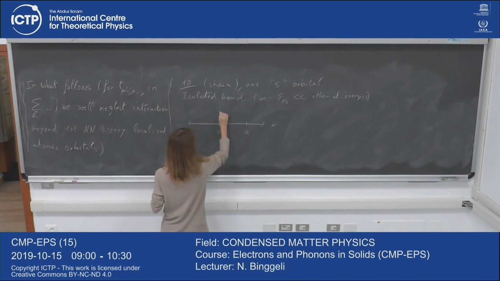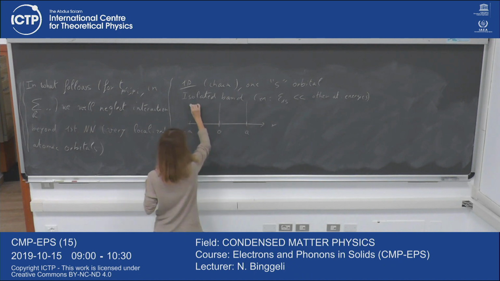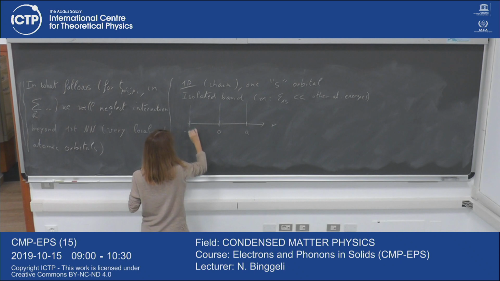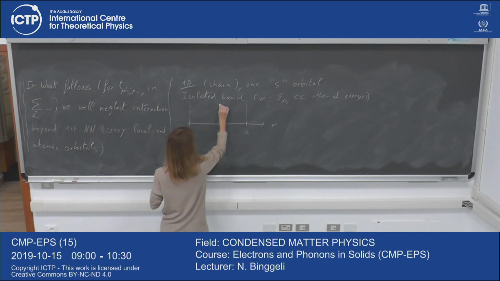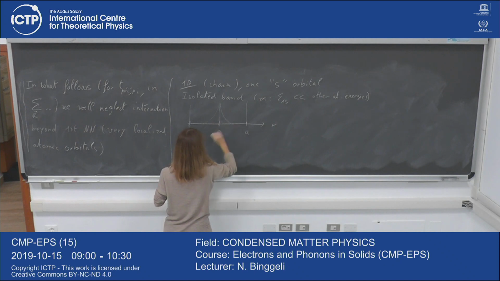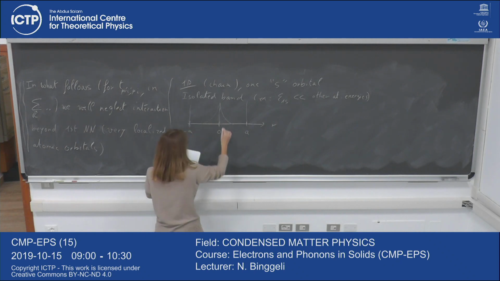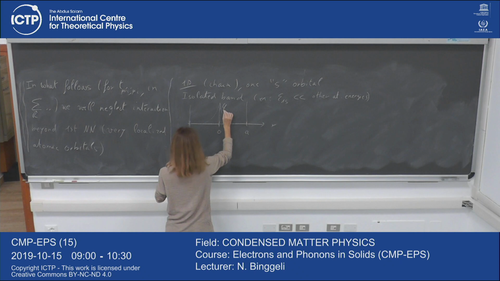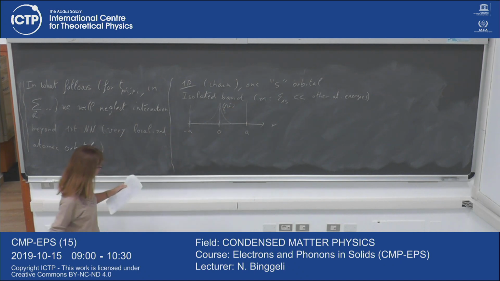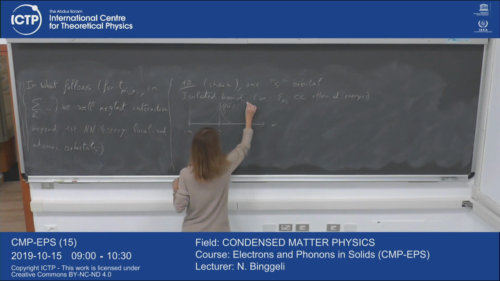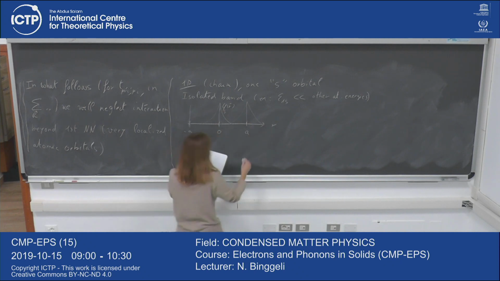So if I draw here the atomic functions, the phi, I will have that on the reference side. So this is my S function centered at the origin, and then I will have the wave function on the nearest neighbor.